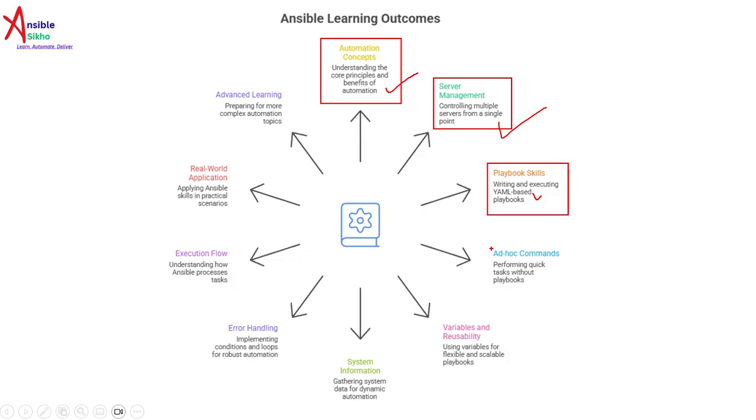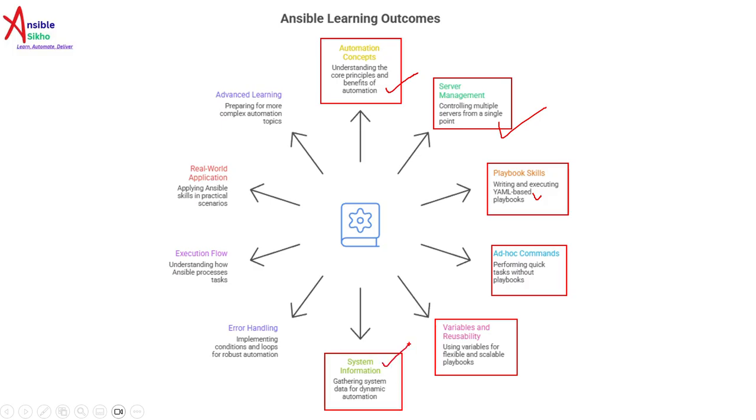You will be able to execute ad hoc commands, performing quick tasks without any playbook if there is a requirement. Variables and reusability can be achieved. You will completely understand how to use variables for flexible and scalable playbooks. System information gathering: you will be able to gather system information, like whether it is on-prem, VMware, or cloud.